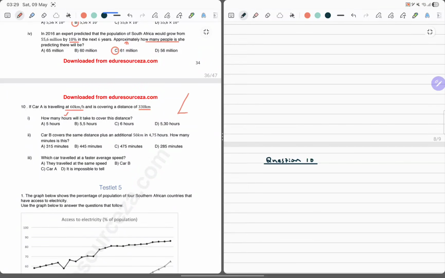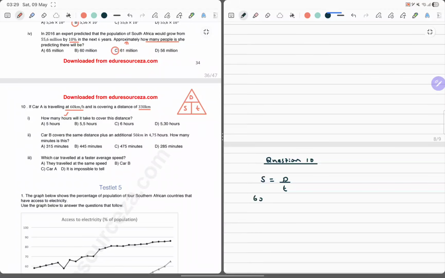You know your triangle. Speed is distance over time. So we know that speed is going to be distance over time.